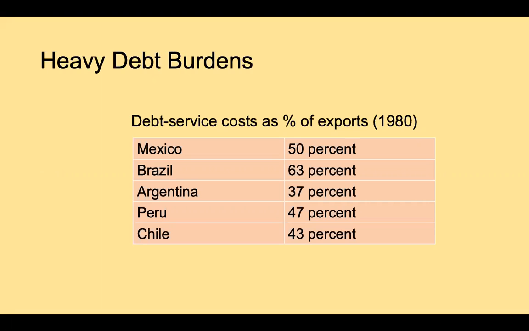Here they are borrowing from abroad, borrowing from Western banks primarily, US banks, European banks. They're not exporting, but they're borrowing so heavily from abroad that much of the value of their actual total exports is equivalent to what they're paying in debt service costs.